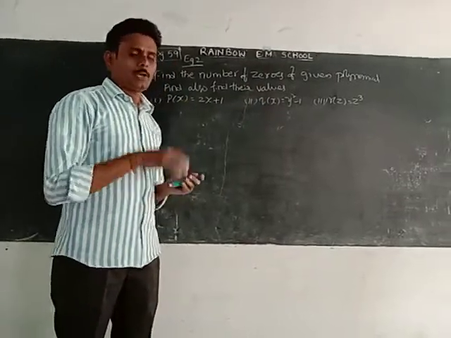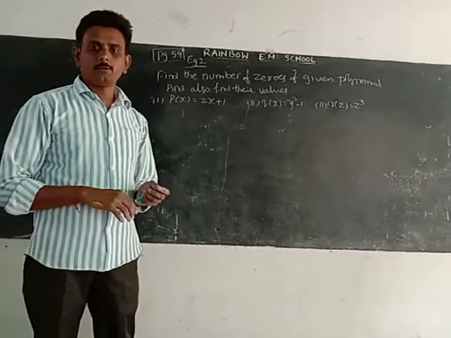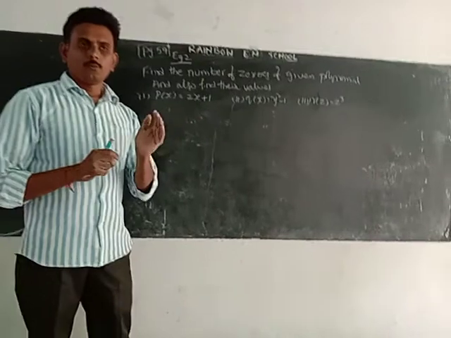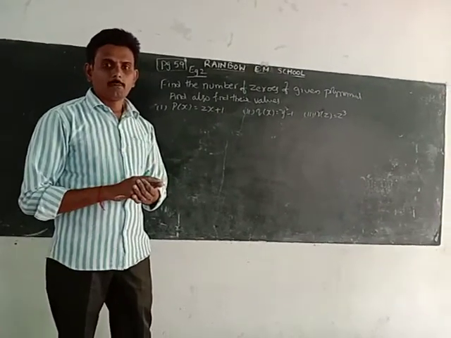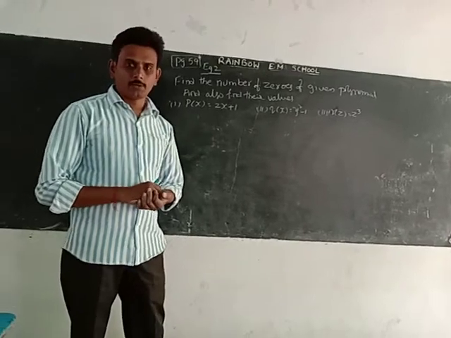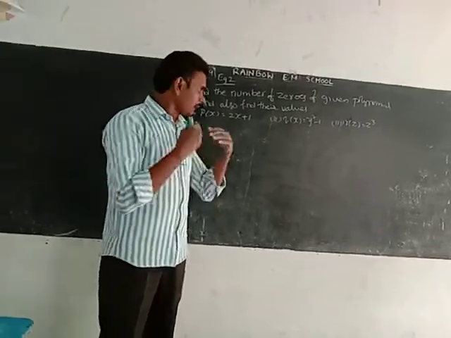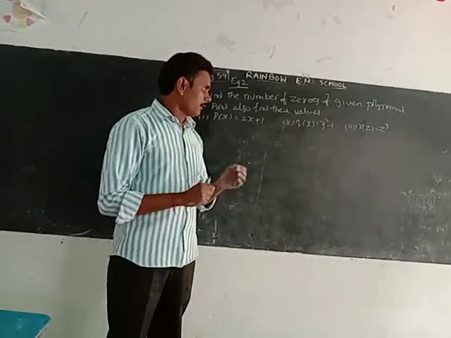Okay, by looking at a polynomial, how many zeros are possible? We can say it by observing the degree of the polynomial. Any polynomial will compulsorily have a degree.